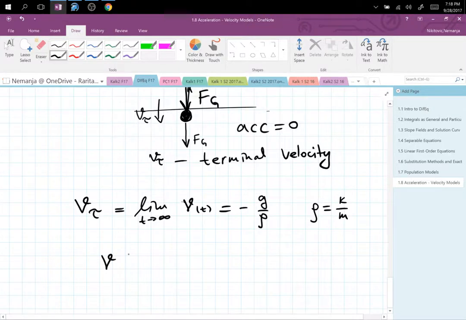So the terminal velocity, well, terminal speed, would be the absolute value of negative g divided by k over m, which works out to be just mg over k.